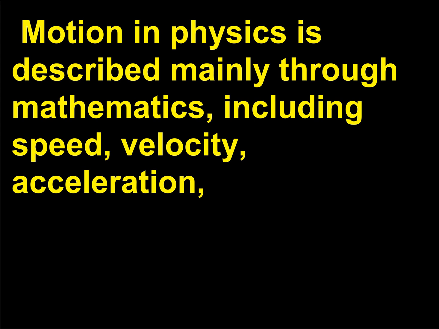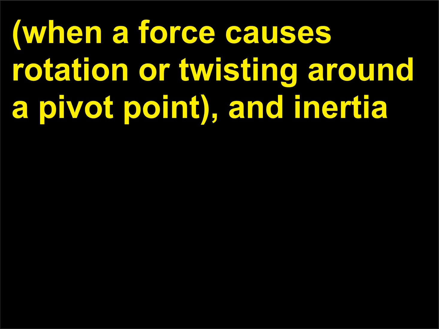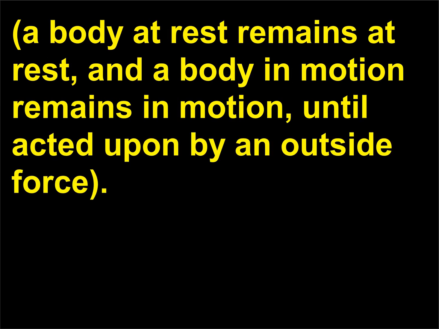Motion in physics is described mainly through mathematics, including speed, velocity, acceleration, momentum, force (something that changes the state of rest or motion of an object), torque (when a force causes rotation or twisting around a pivot point), and inertia: a body at rest remains at rest, and a body in motion remains in motion, until acted upon by an outside force.